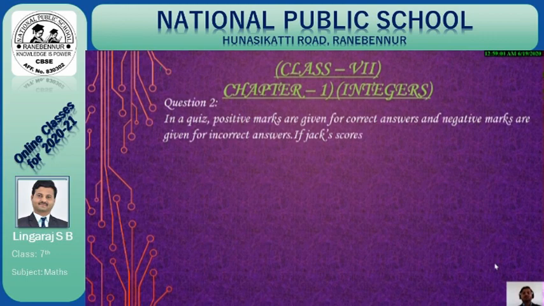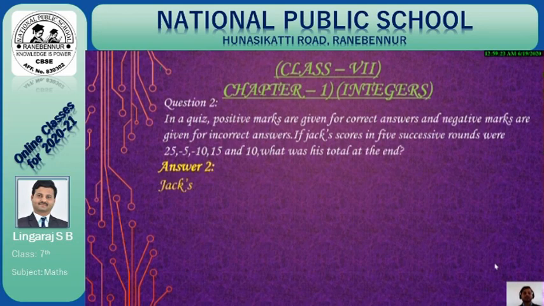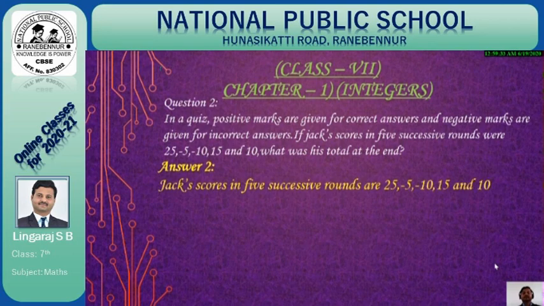If Jog scores in 5 successive rounds 25, minus 5, minus 10, 15 and 10, what was his total at the end? Solution: Jog's scores in 5 successive rounds are 25, minus 5, minus 10, 15 and 10.